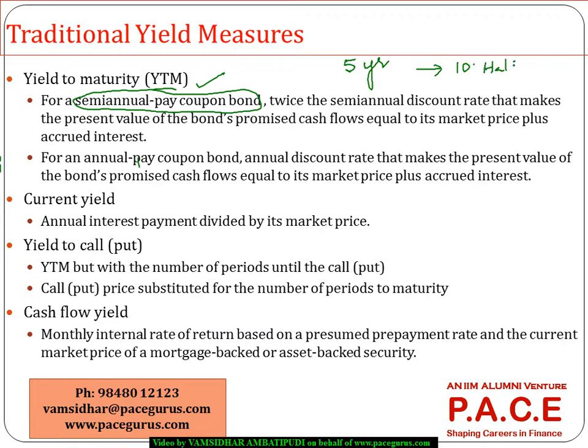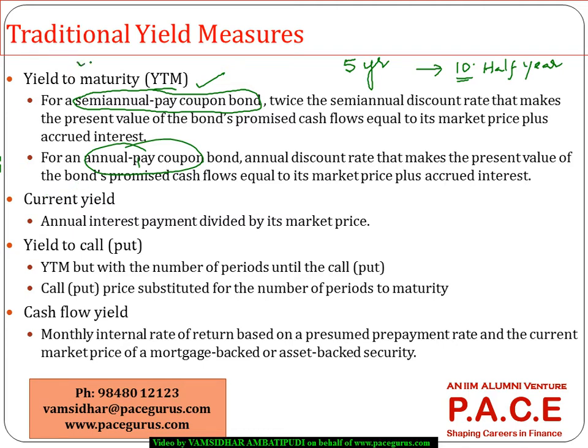So when you are using your calculators also, make sure that you enter N as 10 and I/Y, take it as half yearly interest rather than the yearly interest. That part please make sure, because most of the regular scenarios which we work out assume the payments on a semi-annual basis, unless he clearly specifies in the question that it is an annual pay coupon bond. Otherwise, you can very well go ahead with the assumption of a semi-annual pay itself.